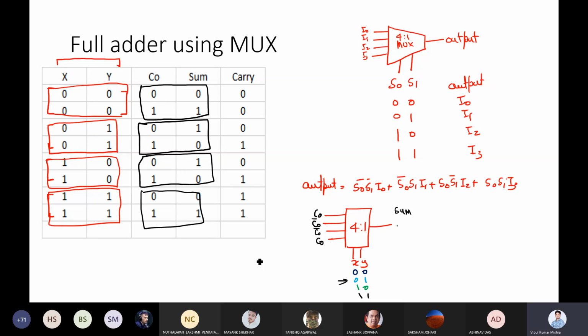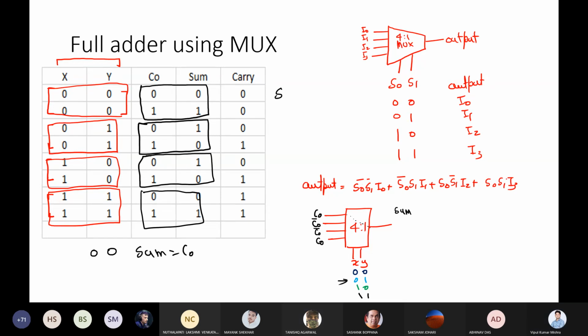So when your x and y is 0, 0, sum equals C0, because this line will be connected. If your C0 is 0, then the sum will be 0. If C0 is 1, then sum will be 1. Got it or not?